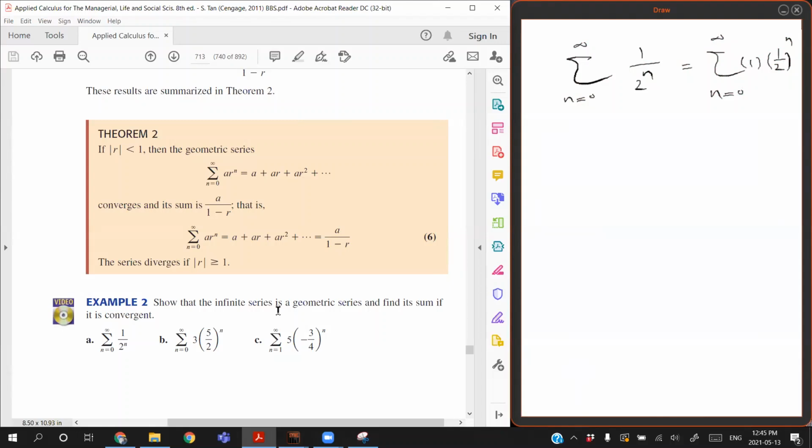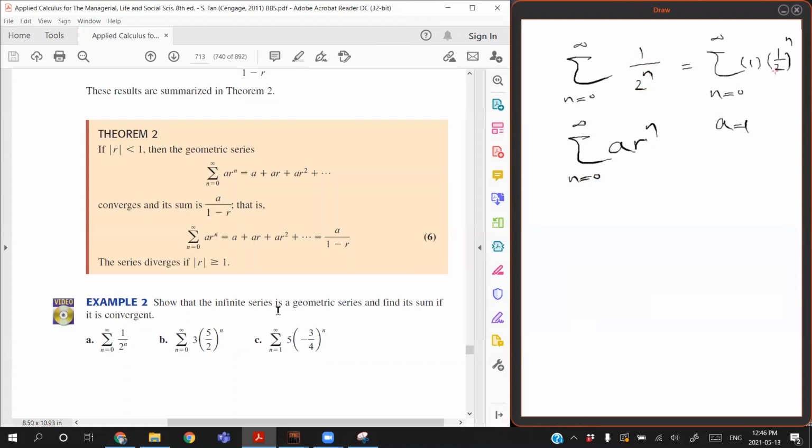I'm just trying to show you that this has the form sigma a times r to the power of n, n from 0 to infinity. So it is a geometric series where a is 1. That is, if I plug in 0 into this, I get 1 over 2 to the power of 0. That's 1 over 1. That's 1.